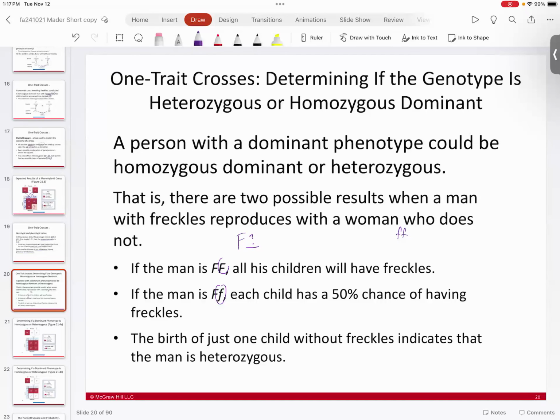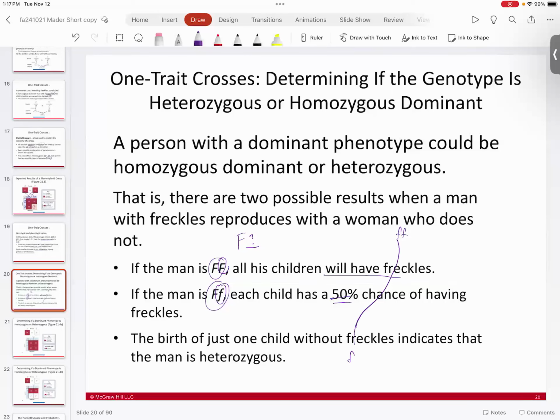But the man who has freckles could be either homozygous dominant, in which case all of his kids will have freckles, or heterozygous, in which case half of his kids would have freckles. So ultimately, if you have a kid who has no freckles, that means they're little f, little f, and that means the dad has got to be heterozygous. Why? Because mom can only give a little f.